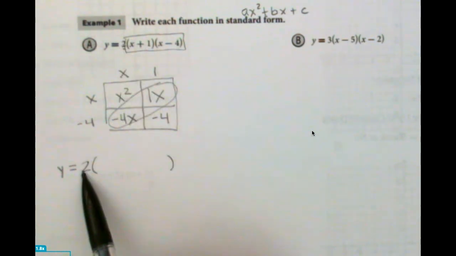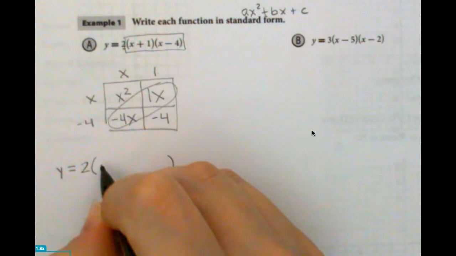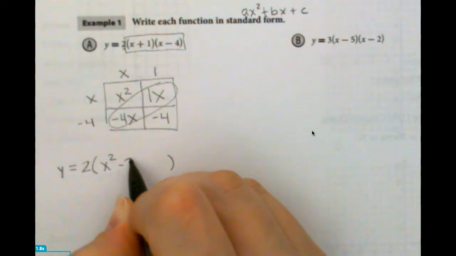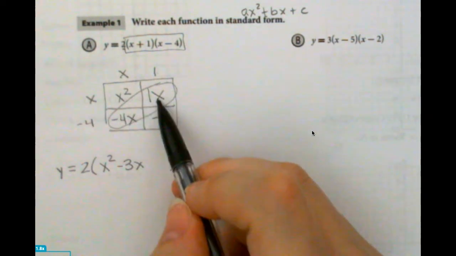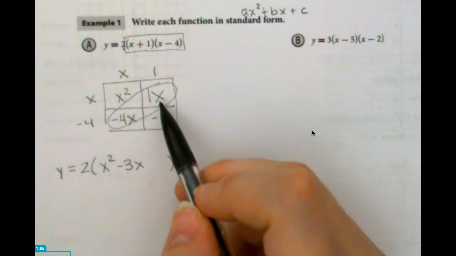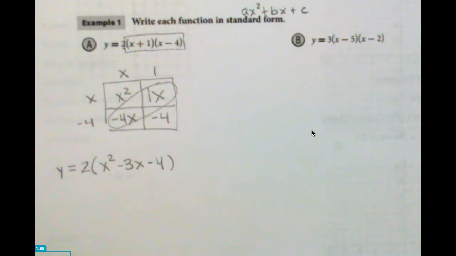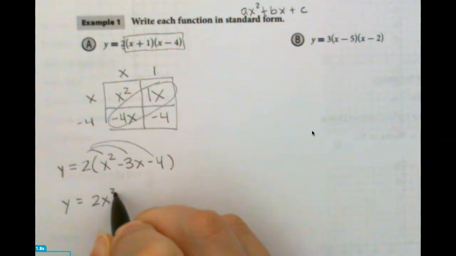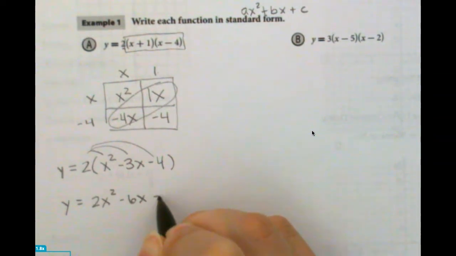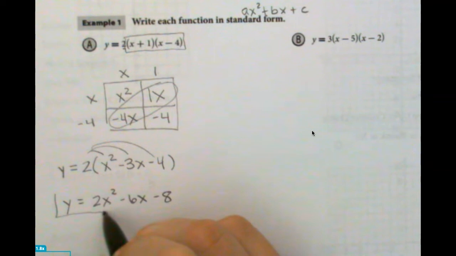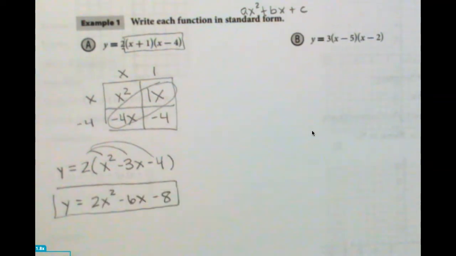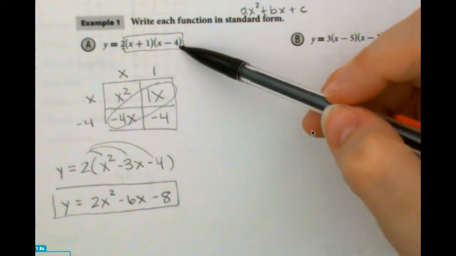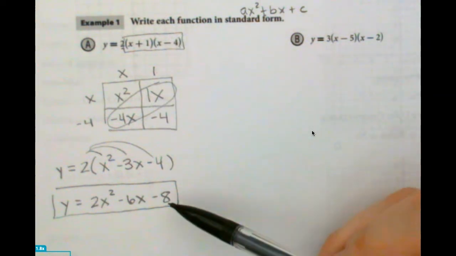So the 2 stays in front, and in parentheses, I'm going to have x squared minus 3x, because -4 plus 1 combines into -3, minus 4. Now this isn't in standard form yet. I have to distribute that 2 to each thing inside, and I get 2x squared minus 6x minus 8. That is now in standard form. This was in factored form. This is in standard form.